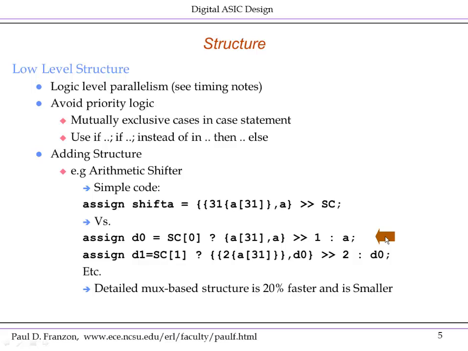The second mux here is taking the result of the output of the first mux and deciding whether to shift that or the original, that by 2 bits or not, depending on the second bit of SC. And so on. You'd have to build 3 more of these in order to complete the shifter. And I'll give you a chance to do that in the X quizzes at the ends of these sections.